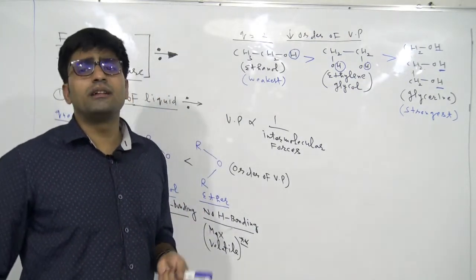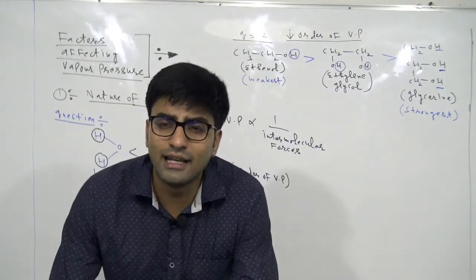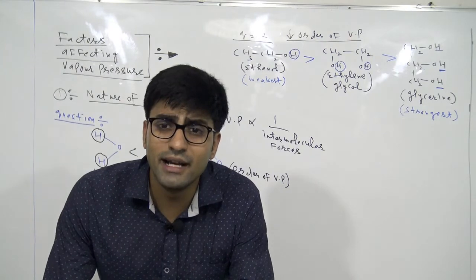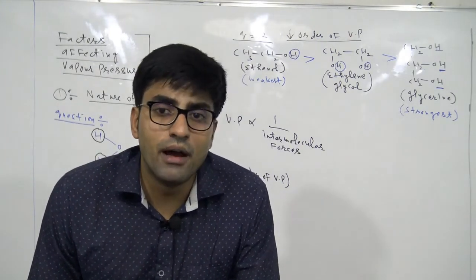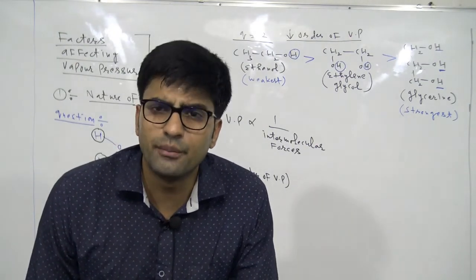Which kind of liquid will take more temperature to convert itself into vapors? The liquid where intermolecular forces are strongest. The liquid having the strongest intermolecular forces will take maximum time to convert itself into vapors, right?